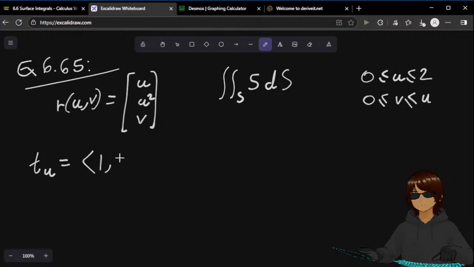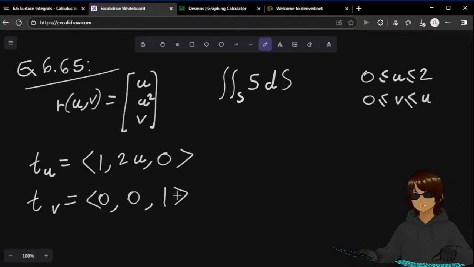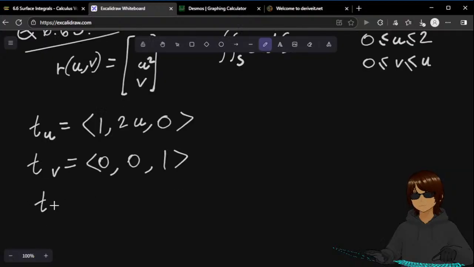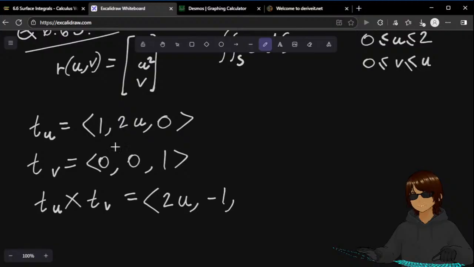So this is 1, 2u, 0, and 0, 0, 1. So for the i vector, these two minus these two. The j vector, these two minus these two, which is 1, and subtract all of that. And for the k vector, these two minus these two, which is just 0.